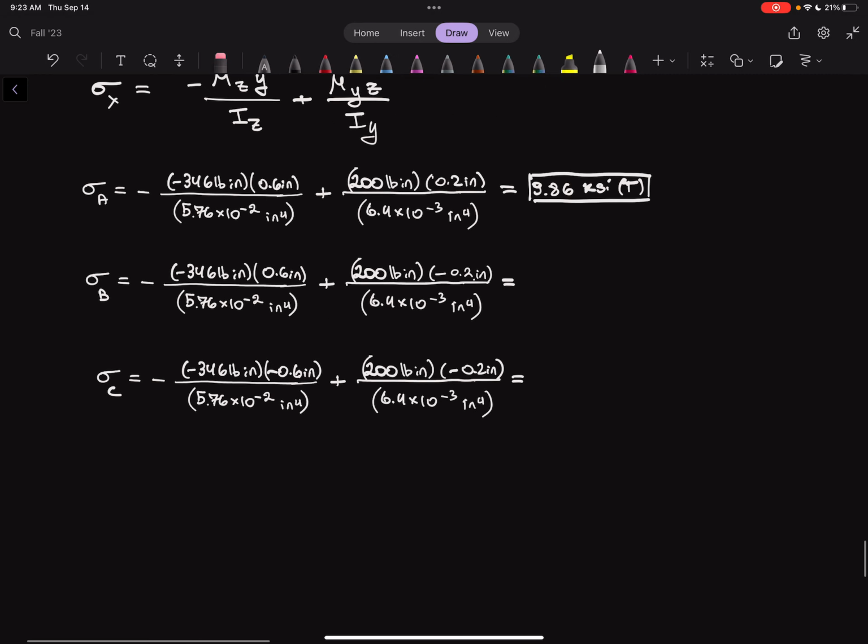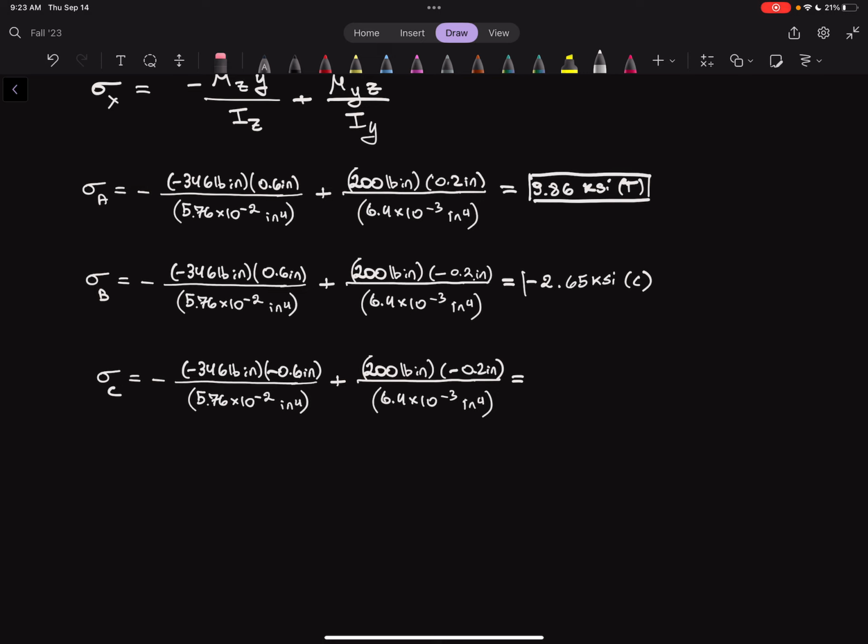And then we're going to do the same thing, but now we're going to have a negative 0.2. That's going to give us minus 2.65 ksi. So this is in compression.